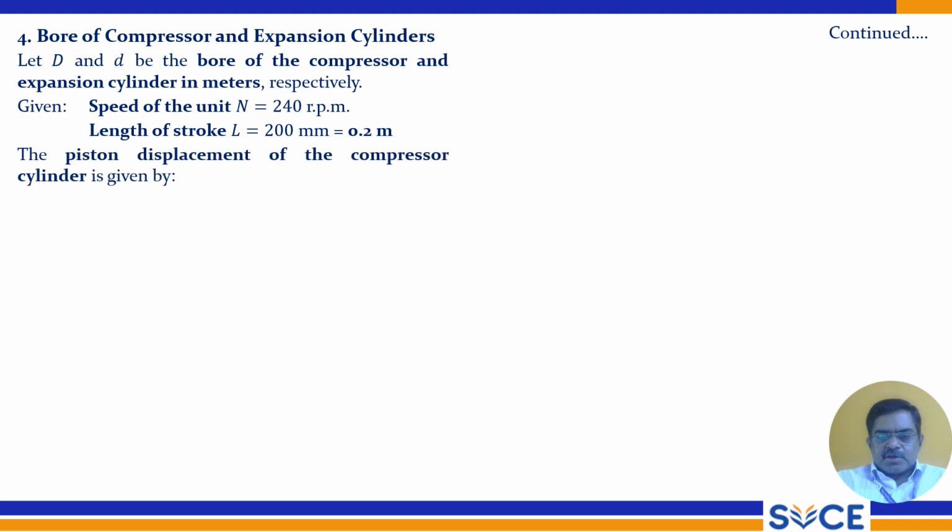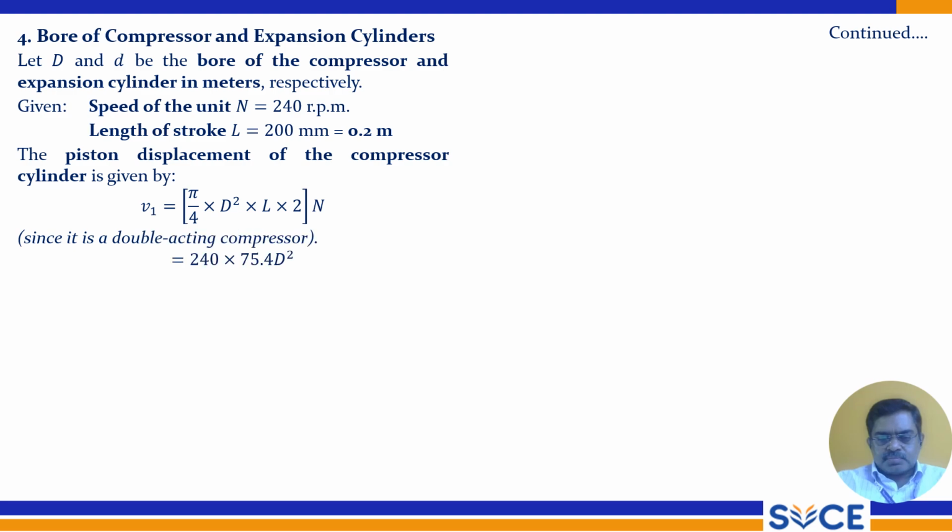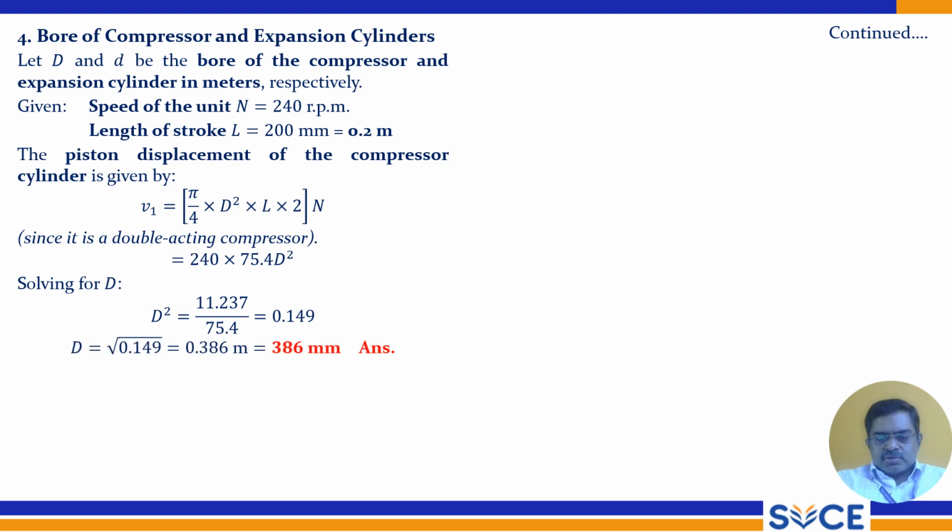The piston displacement of the compressor cylinder is given by V1 equal to pi by 4 into D square into L into 2 into N. So this 2 is nothing but for double acting cylinder. So 240 into 75.4 into D square, solving for D square equal to 0.149. So D equal to 386 millimeters. So this is the D value, and D is nothing but the bore diameter of the compressor.